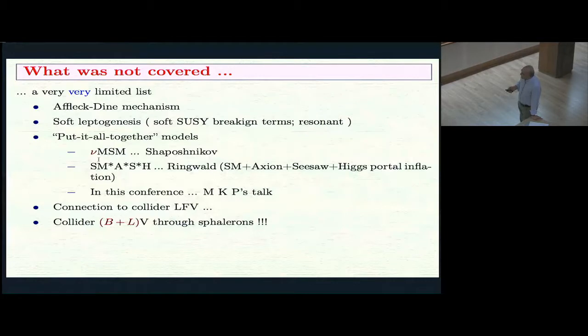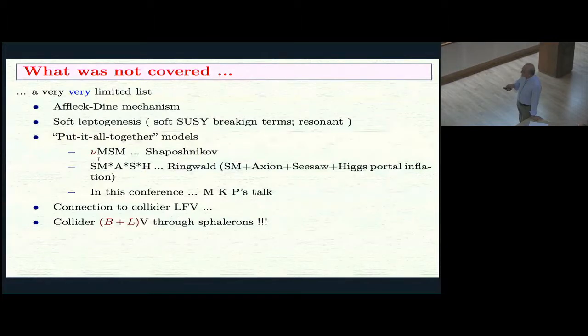There is a model that Ringwald and group have been proposing, which they call SMASH, and I wrote it down here because I would forget myself what it means. A Standard Model plus axions as dark matter, seesaw of course to have the neutrinos, and then Higgs portal inflation. So the seesaw would produce the heavy right-handed neutrinos and give baryon asymmetry.